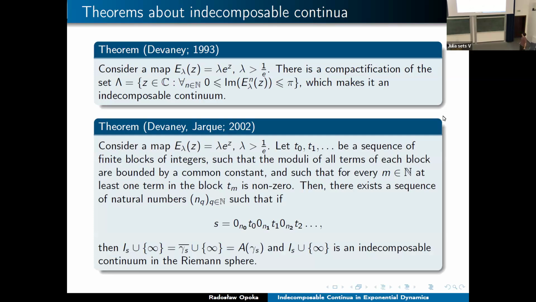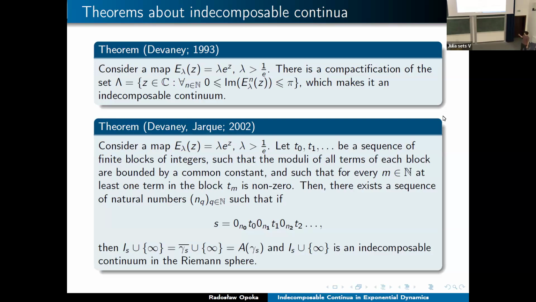Another theorem, and this is the most important theorem during this talk, is like this. We have a lambda bigger than 1 over e and real, and we have a sequence of blocks. A block is a finite sequence of integers, and we suppose that in every such block there is at least one non-zero integer, and we also suppose that there is a constant common for all blocks, such that the absolute value of every integer in every block is bounded by that constant.